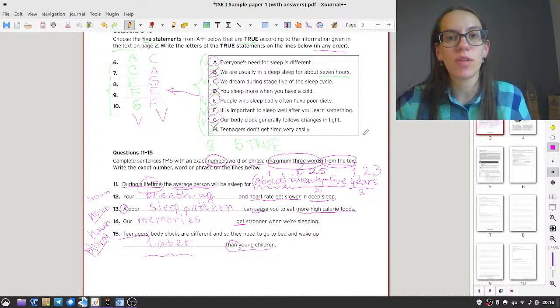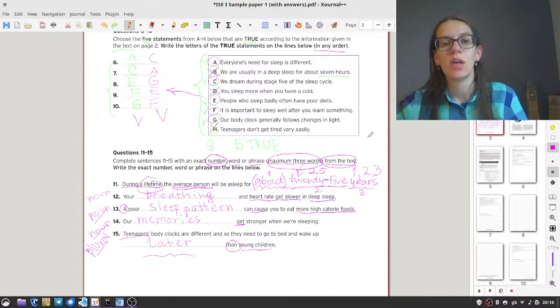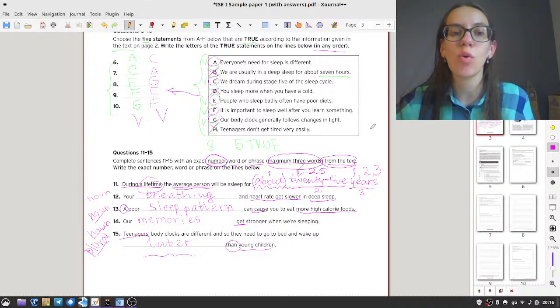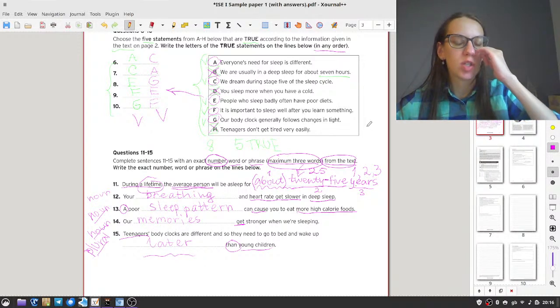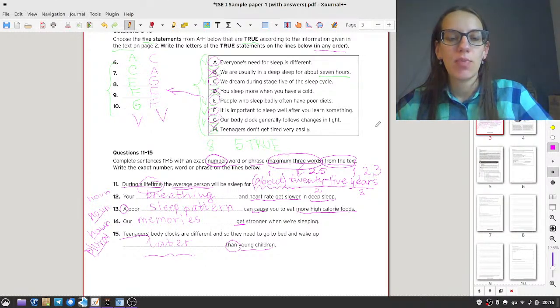The meaning of the sentence needs to make sense. That's the first thing. And the second thing, the grammar. The grammar of the sentence also needs to make sense. Because if the grammar is wrong, then you chose the wrong word for the sentence. And maybe you need to look at the paragraph again and find another word or phrase.